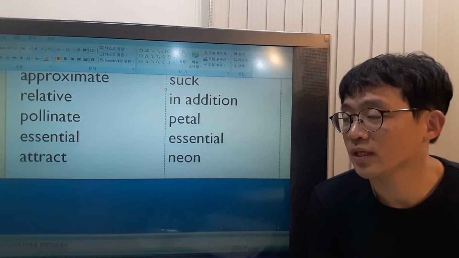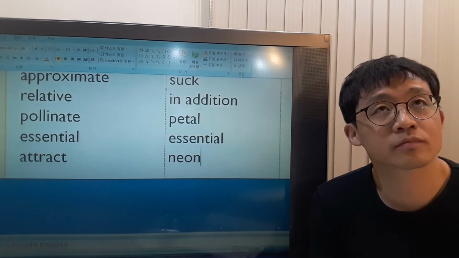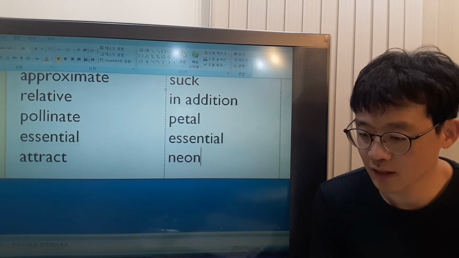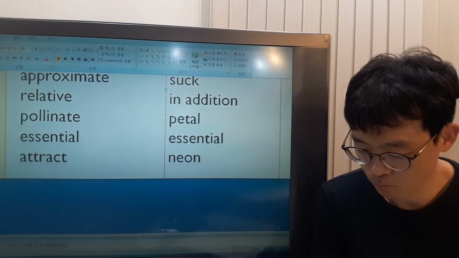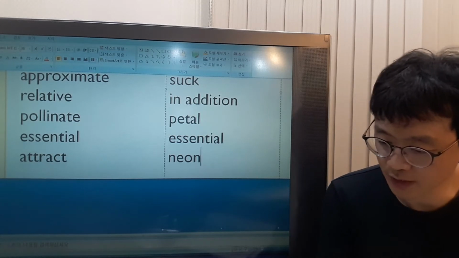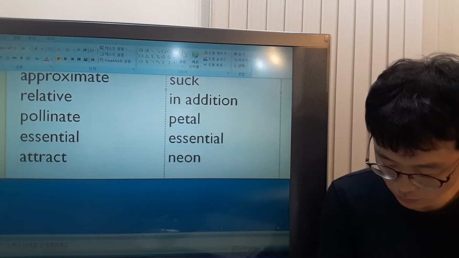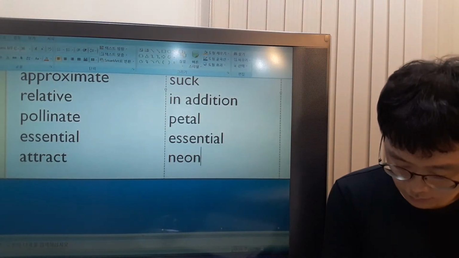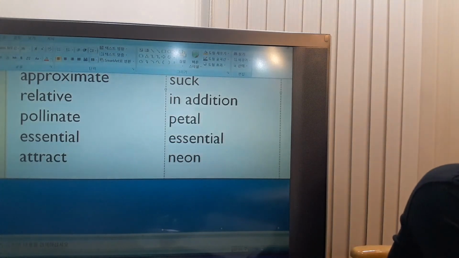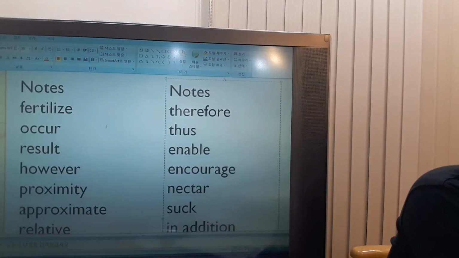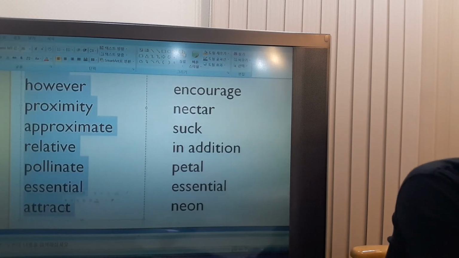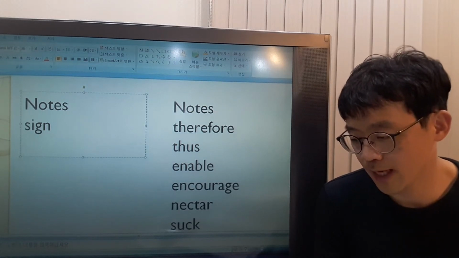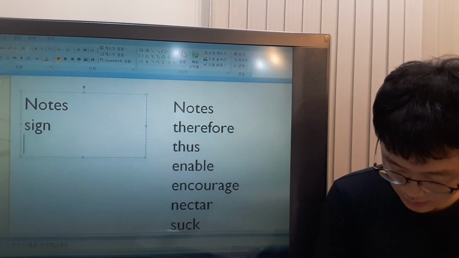Neon signs or neon lights are the glass tubes which have neon gas inside it, and they produce bright light, bright electrical light. Neon signs. What's a sign? Sign is a shape or a mark meaning something.